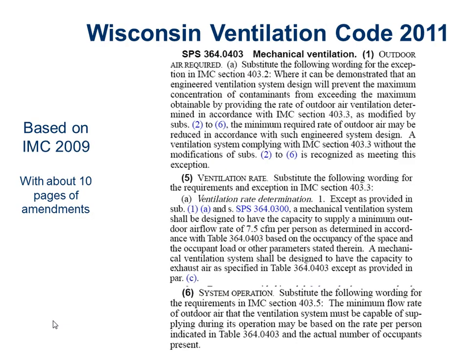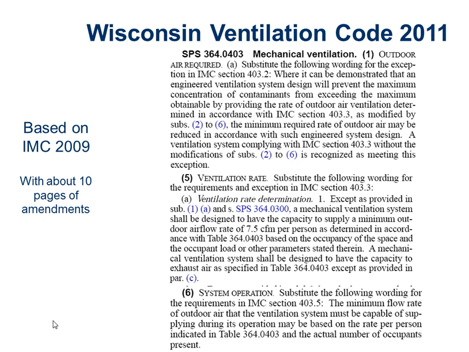I get tons and tons of questions about the Wisconsin Ventilation Code, which was most recently updated in 2011. It's very similar to IMC 2009. They do have some amendments to that. But as you read through this, which I'm not going to bore you with by reading it to you right now, it does allow for us to have a varied outdoor air ventilation rate on one of these engineered systems.